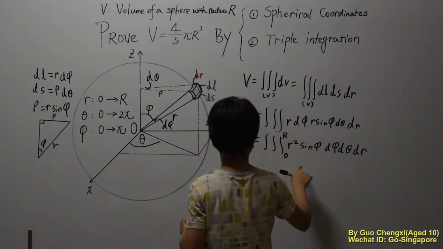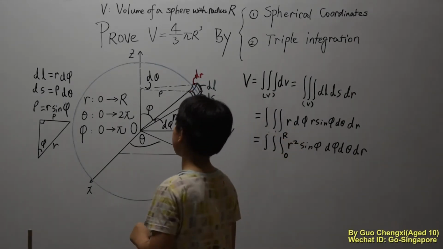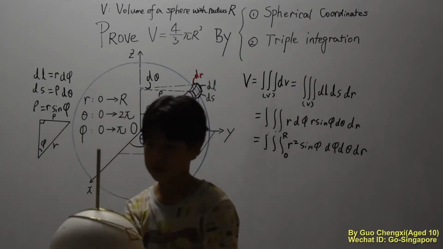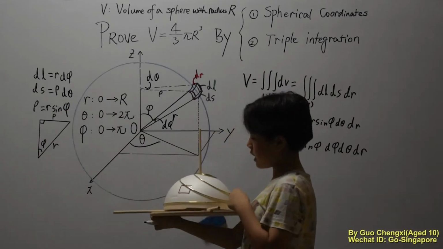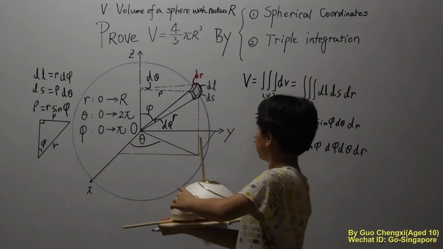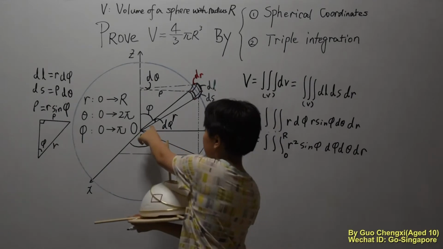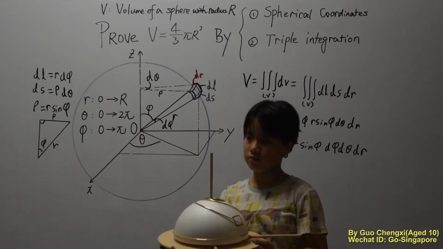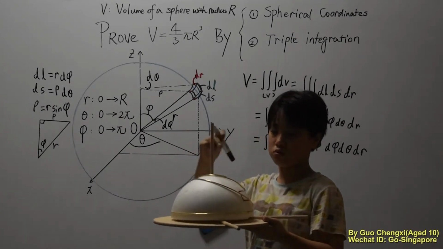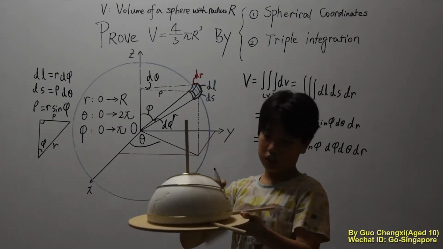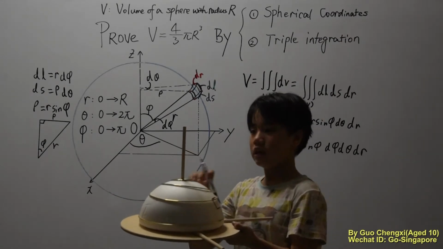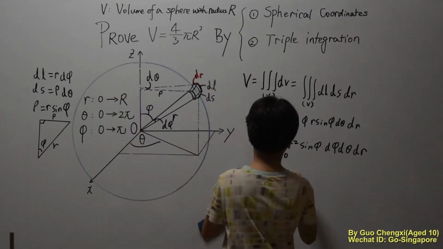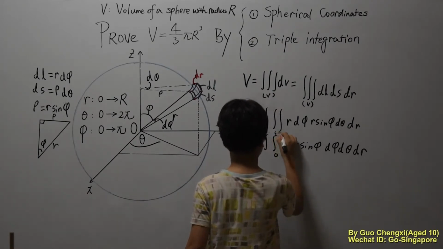Then what about theta? Back to this part, this angle can move the whole 360 degrees, right? Since it can move the whole 360 degrees on this single ring, it will be one whole round, which is from 0 to 2 pi.